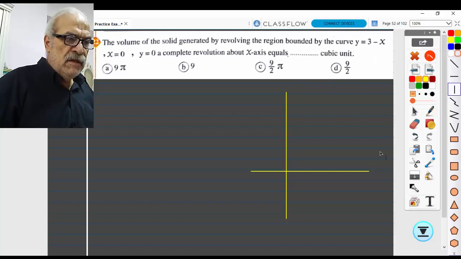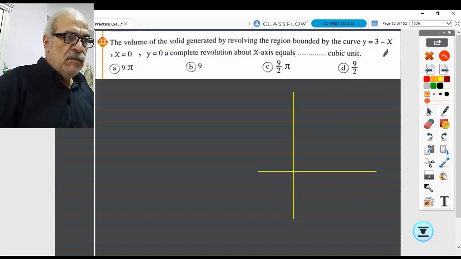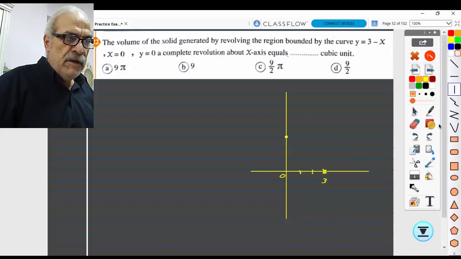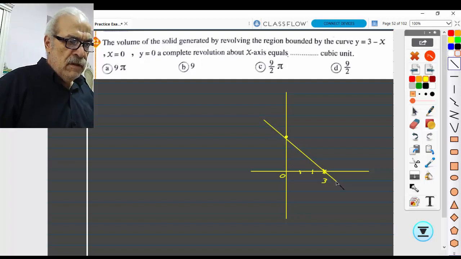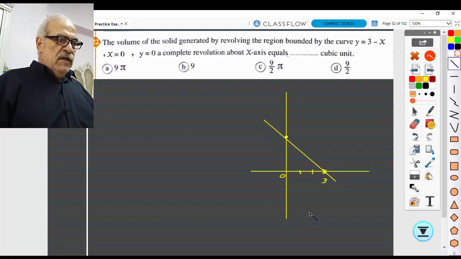So when you draw it, first put x equals 0 here, so y equals 3. And choose another point when x equals 3. When x equals 3, y equals 0. So the straight line here will be this straight line, which passes through these 2 points.